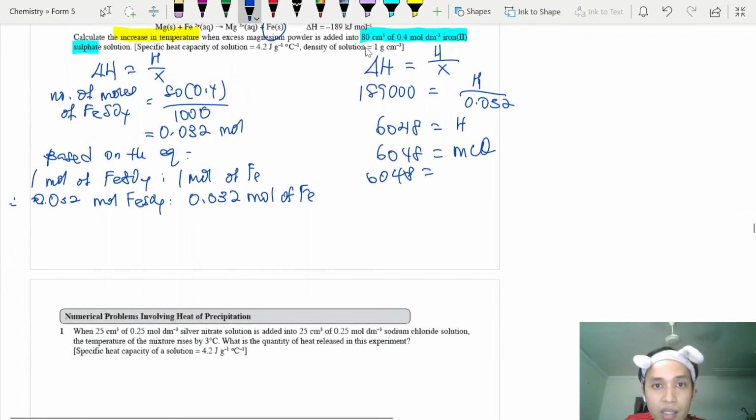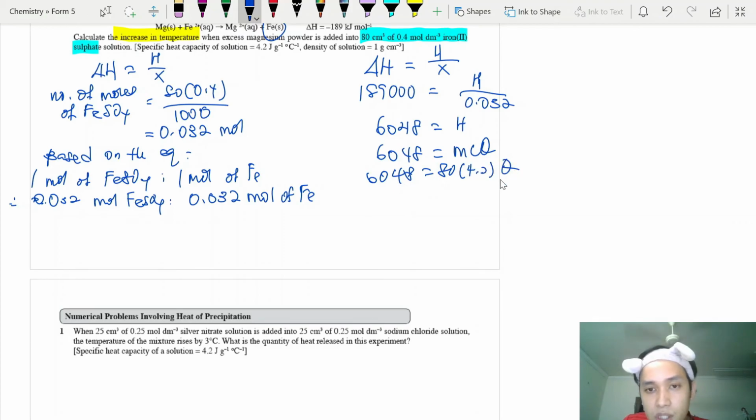So mass, we look at the volume, which is 80. 4.2, temperature change, I don't know. So we just divide. 6048 divided by 80 times 4.2, and then you will get your temperature change is 18 degrees Celsius.